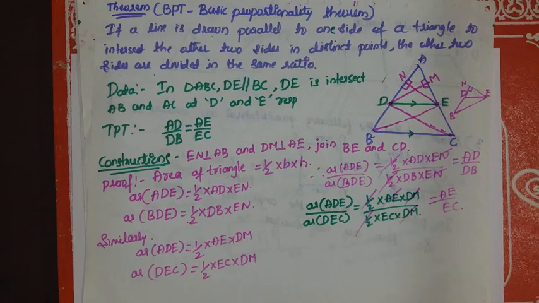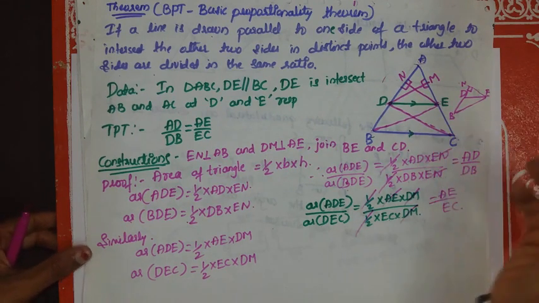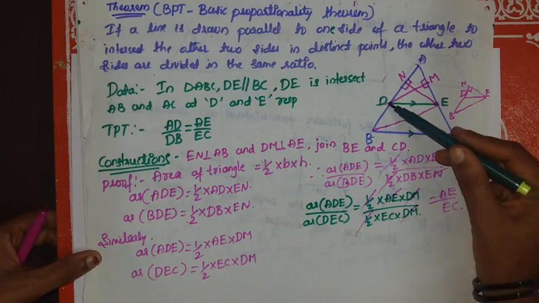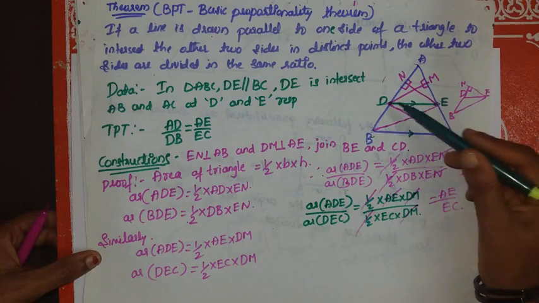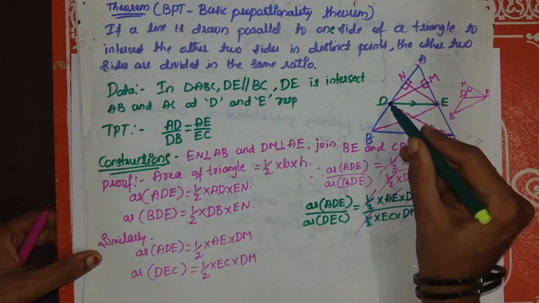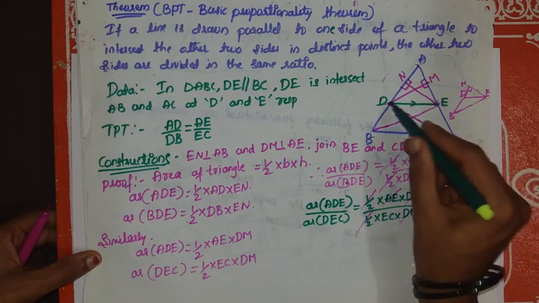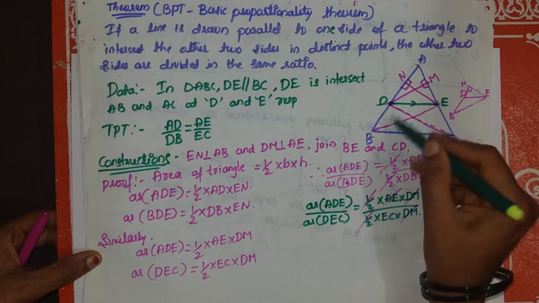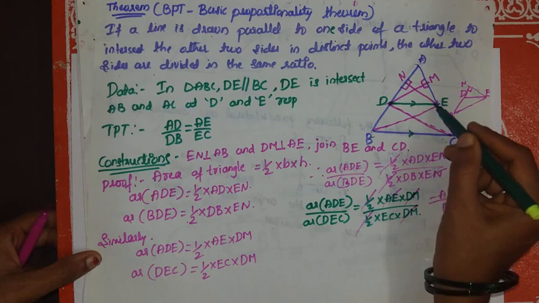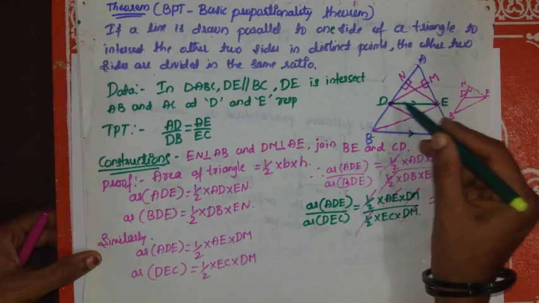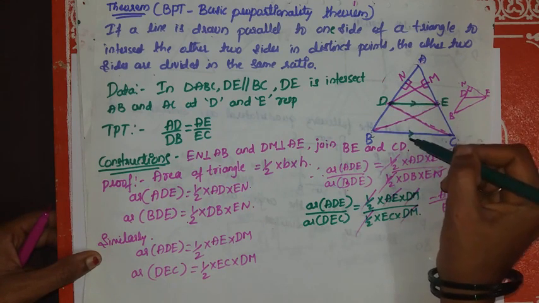Now we know that triangles DBE and DEC have the same base DE, so both triangles lie on the same base, and they lie between two parallels.